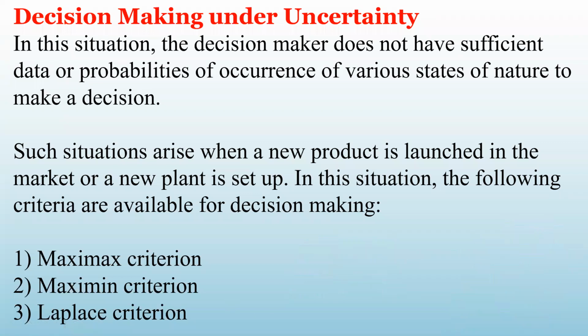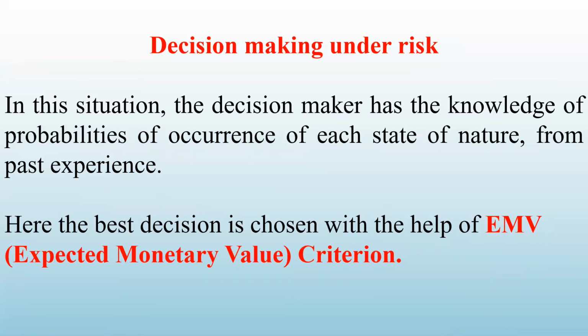Now today we are going to see decision making under risk. In this situation, the decision maker has the knowledge of the probabilities of occurrence of each state of nature. That means a previous record is available with the decision maker.